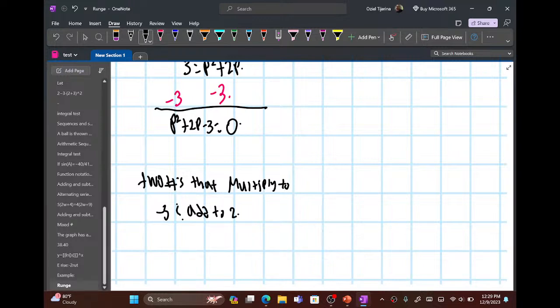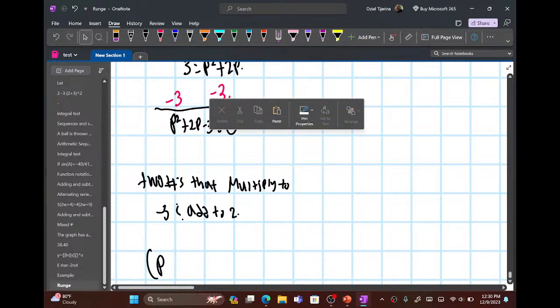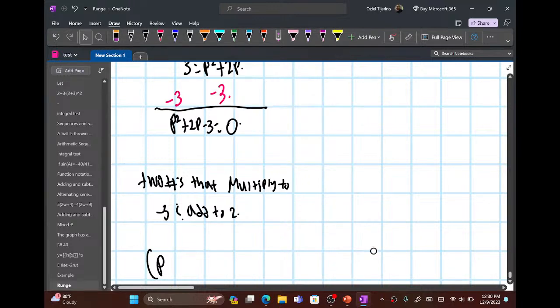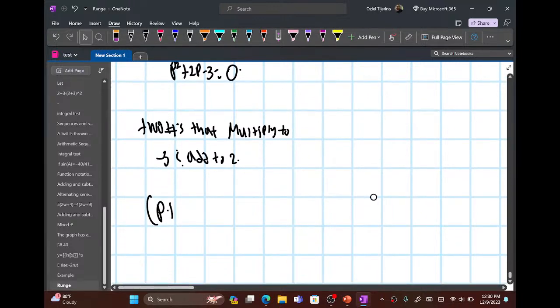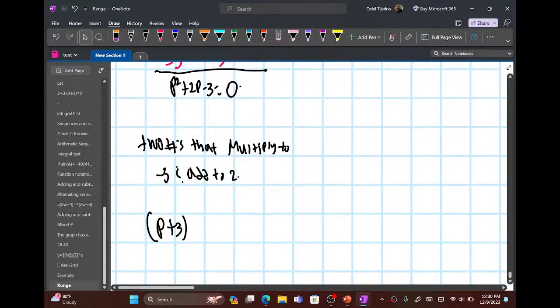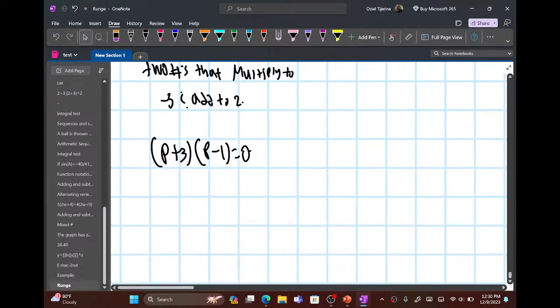I will go over more of that when we get to quadratic equations. Right now I'm just going to go ahead and factor it. This is going to be p plus 3 times p minus 1 equals 0. So we're going to have p plus 3 equals 0. So this is zero product property.